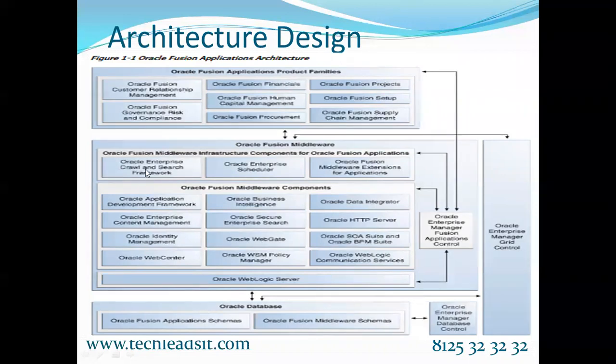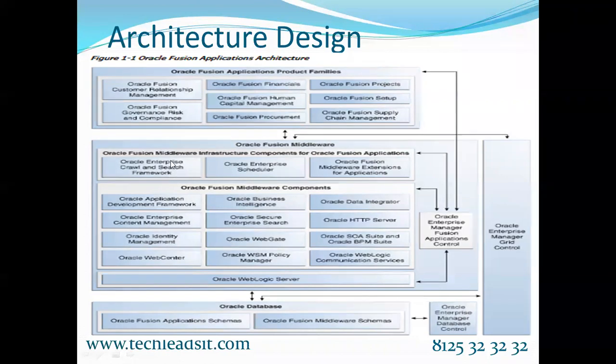And the Oracle Enterprise Crawl and Search Framework. As you know, in Fusion applications Oracle provides a search concept. For example, if you want to see an invoice or search for a supplier, you try searching with some keywords. How is the data fetched for that supplier or that invoice, even if you enter partial data?